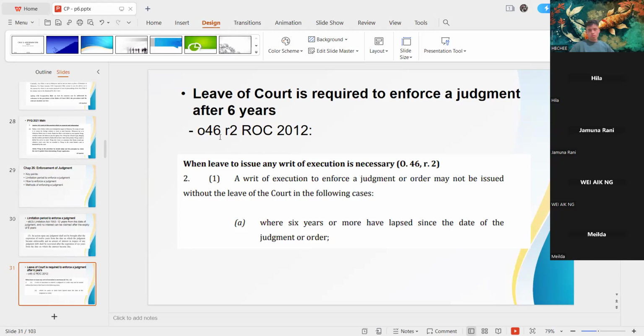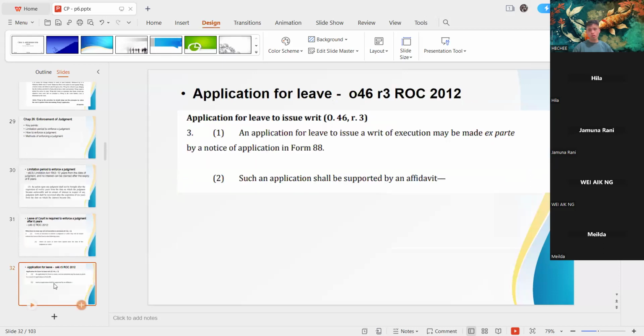Okay. So as we can see from here, Order 46 Rule 2, the writ of execution to enforce a judgment must be accompanied by leave of court if the judgment has lapsed for 6 years. And how do you apply for the leave? It's given under Order 46 Rule 3. It's an ex parte notice application supported by affidavit.